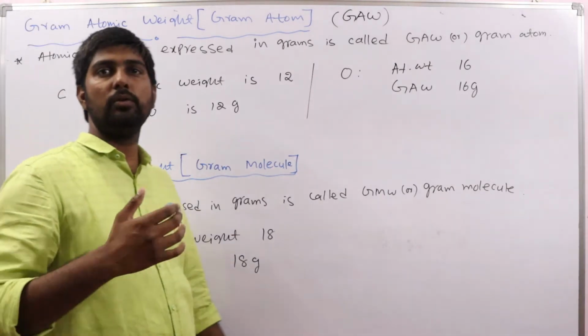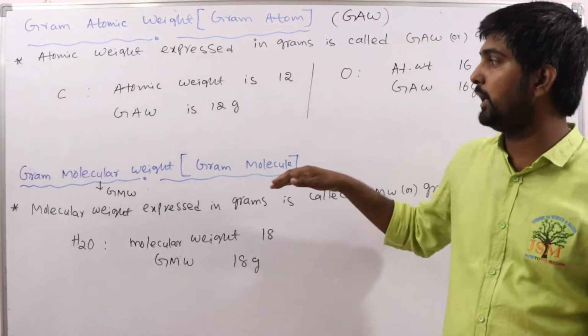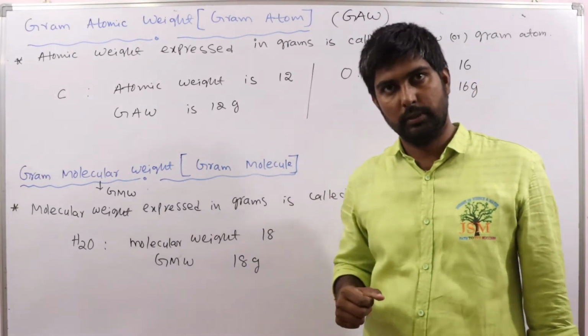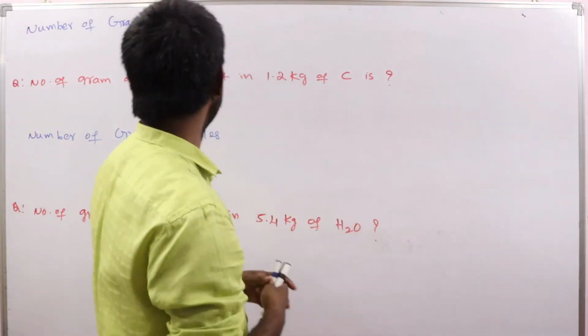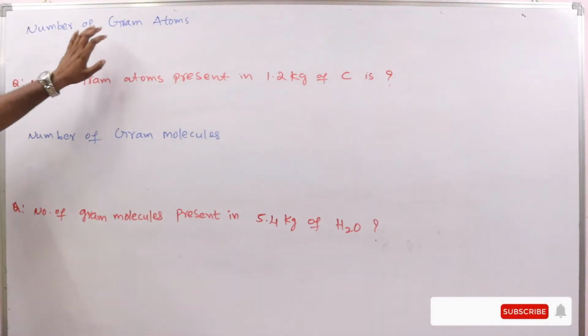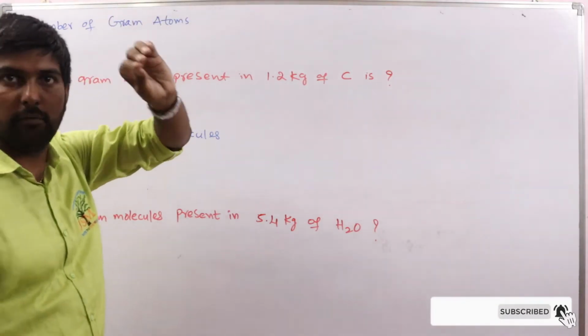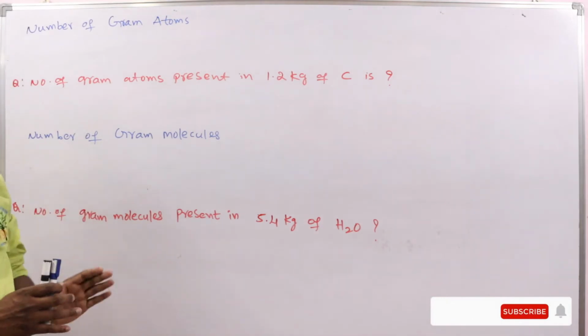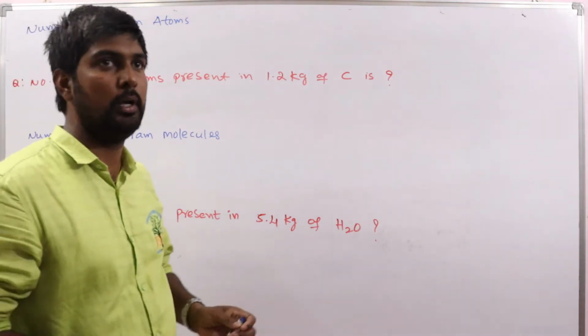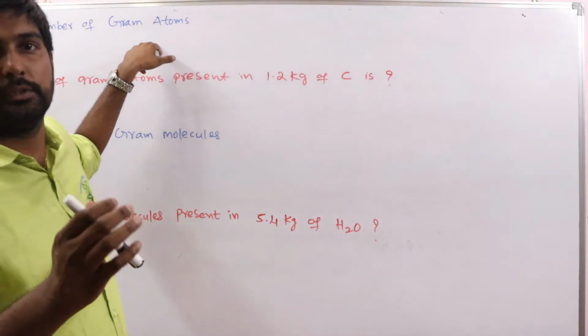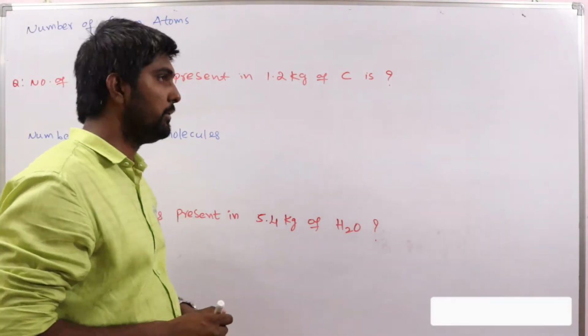Now let us see how to calculate the number of gram atoms and number of gram molecules present in a given sample. Very important, direct questions are asked in the entrance examinations.